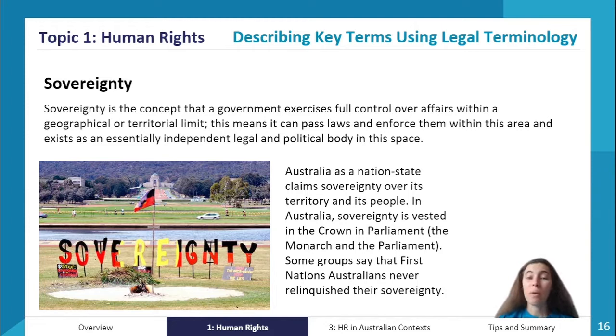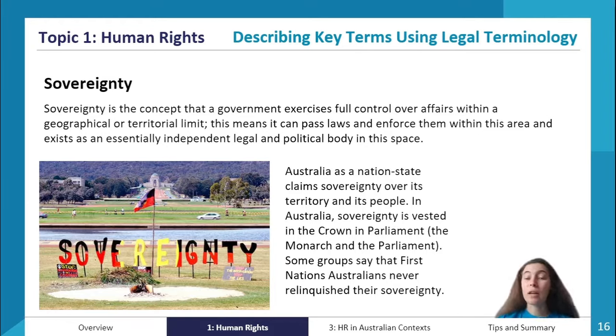So, it can pass laws and it can enforce those laws in that area, and it exists as an essentially independent legal and political body as well. So it has full control, and the laws and the processes of other countries are not relevant here because it has control over its territory.